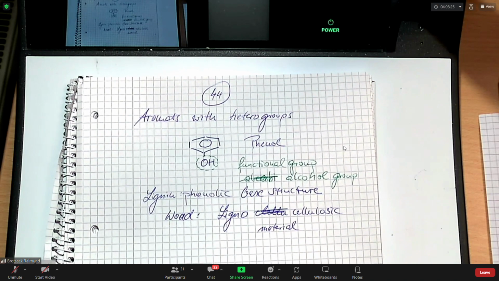The lignin is more of a plastic structure, so it's giving the pressure stability to the wood, and the cellulose is giving the stability when I try to stretch it, in this direction. So I always compare it like it is a fiber-reinforced polymer. Wood is a fiber-reinforced polymer. The lignin is the polymer base structure, and the cellulosics in there are the fibers.